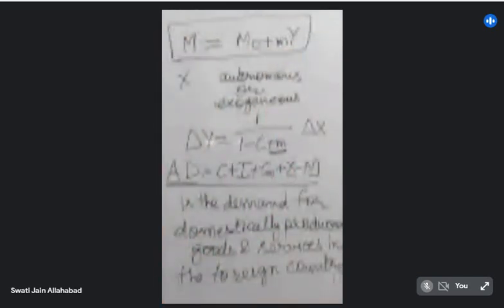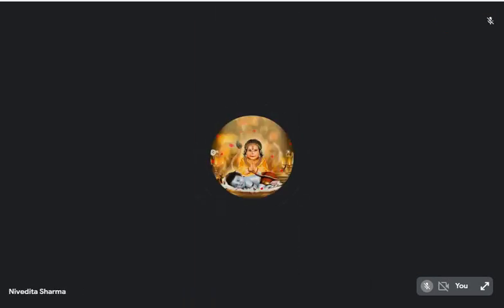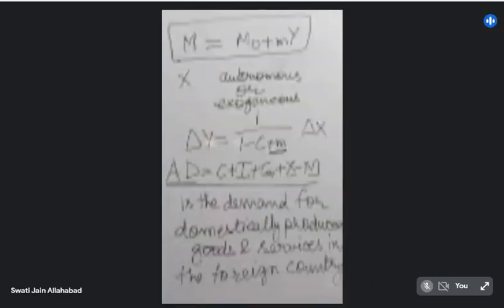Are you able to see this in the box? M is equal to M0 plus My. Yes, ma'am. Now, what is M0? Again, M0 is autonomous import. Import which does not depend on the level of income.